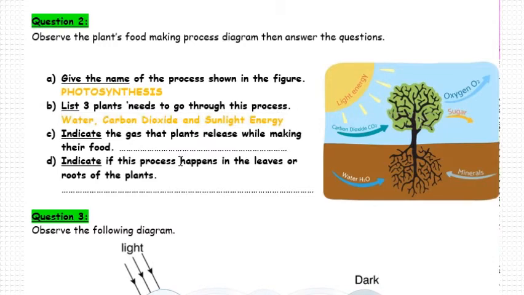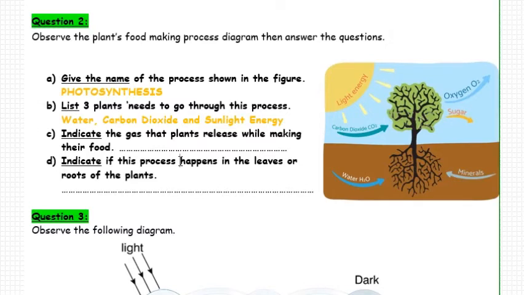Indicate the gas that plants release while making their food. Plants absorb water from the soil through their roots. They absorb carbon dioxide from the air through the tiny openings called stomata in the leaves. They use the chlorophyll that makes them green to catch sunlight energy.